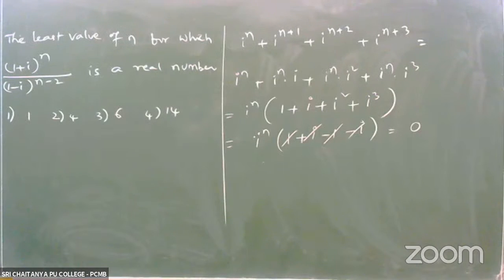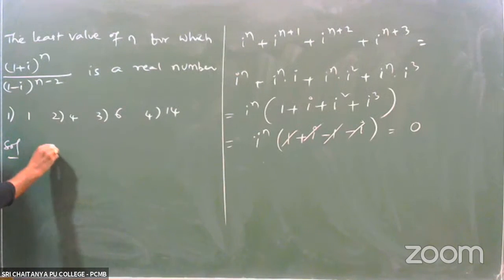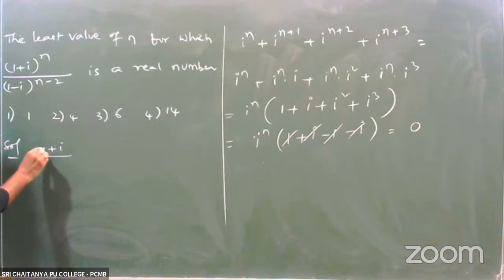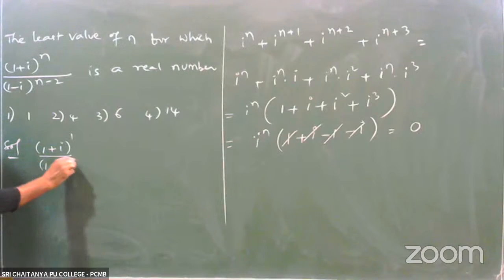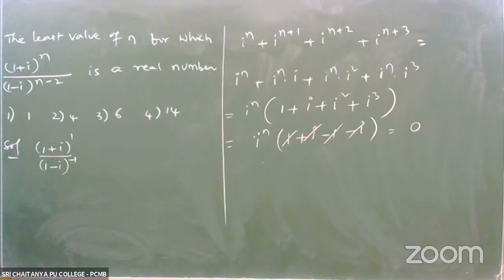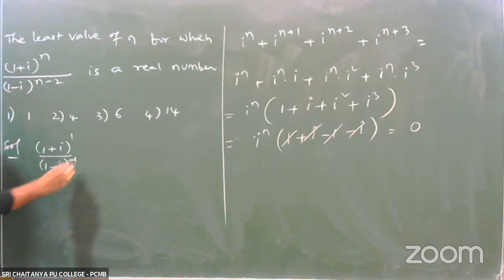Now, how to do this problem? Observe here. Substitute n equal to 1. I am going to get 1 plus i by 1 minus i power minus 2, sorry, 1 minus 2 is equal to minus 1.